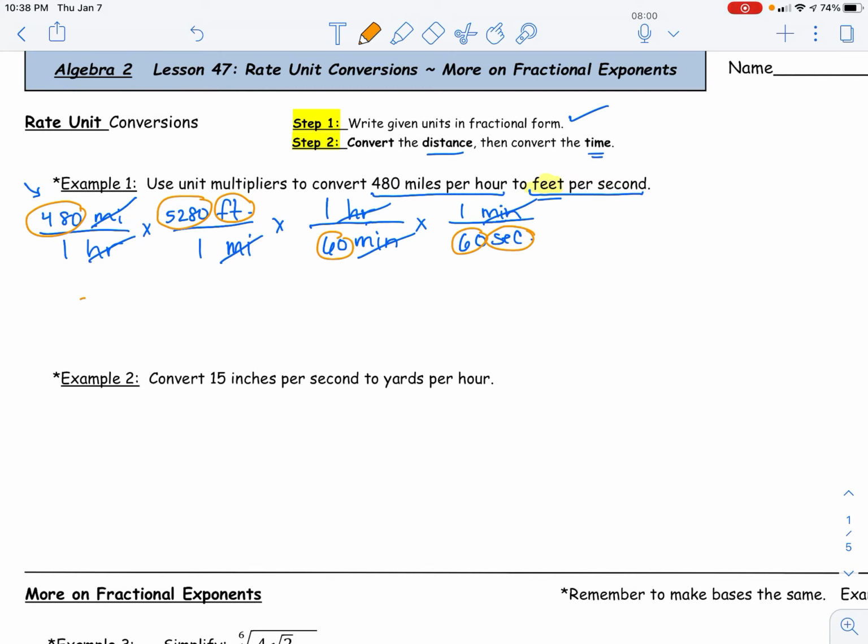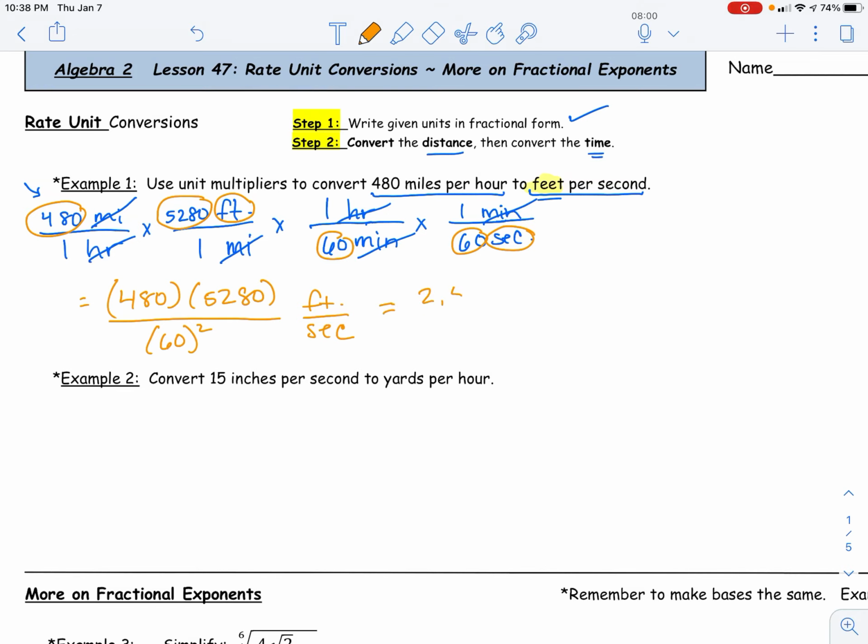So now we just simply write this out. We would have 480 times 5,280 over 60 squared feet per second.